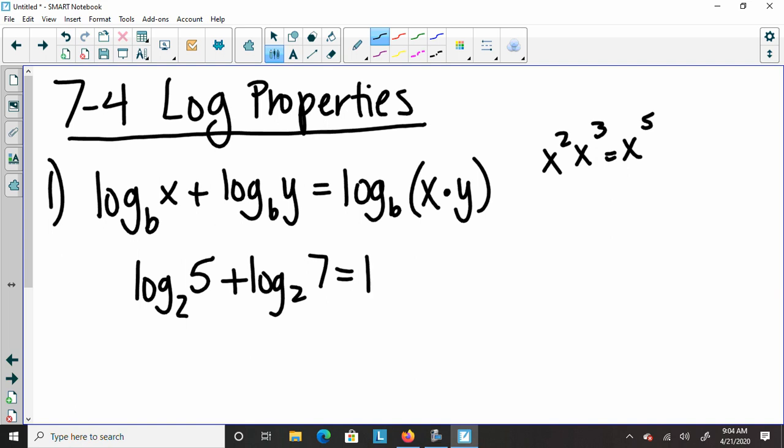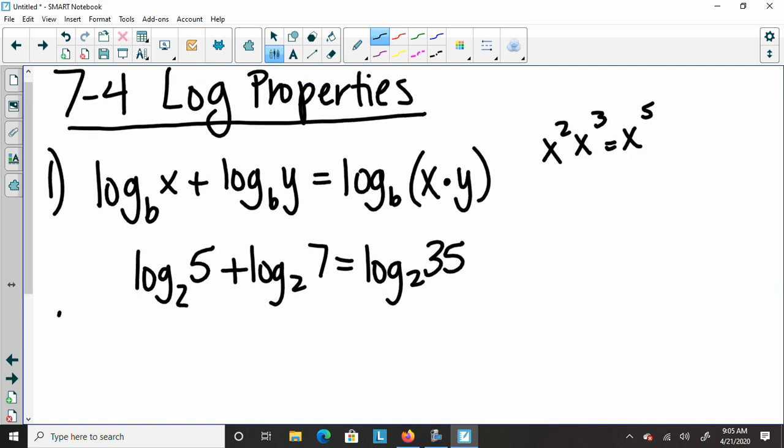That's the same thing as log base 2 of what is 5 times 7? 35. So you just multiply those two numbers together. Okay. If you have a variable and a coefficient, like if this was an x, it would just be 5x there.